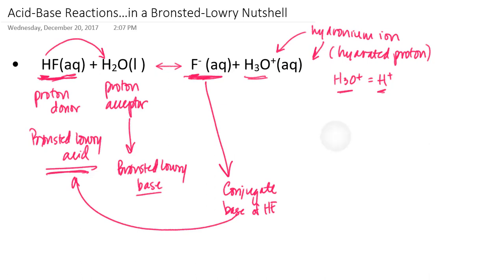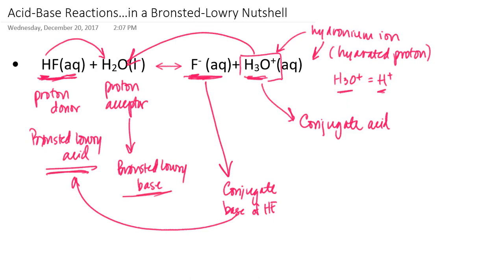Now, the species that is formed after a proton is accepted is referred to as a conjugate acid. So basically, the H3O+, or the hydronium ion, would actually be the conjugate acid to water, and water's acting as a Bronsted-Lowry base in this particular acid-base reaction.